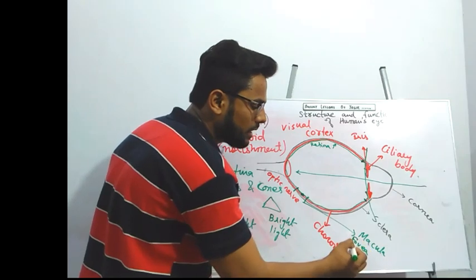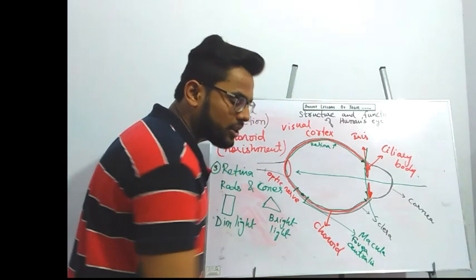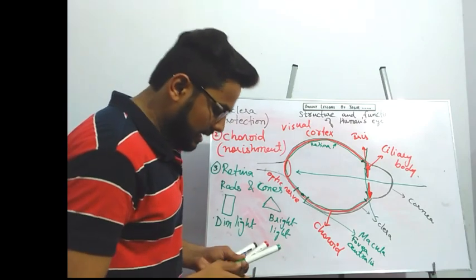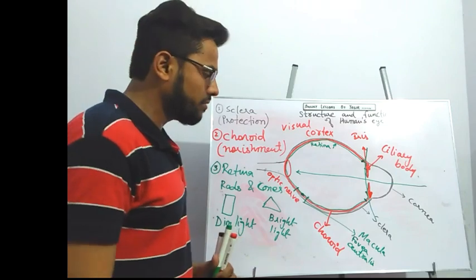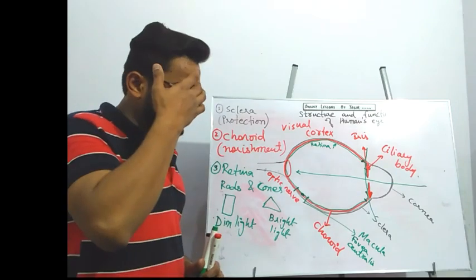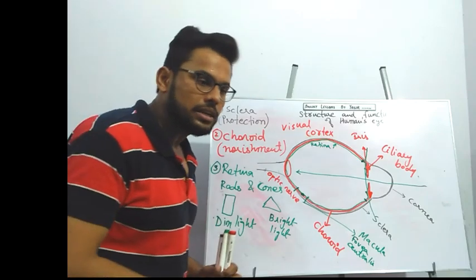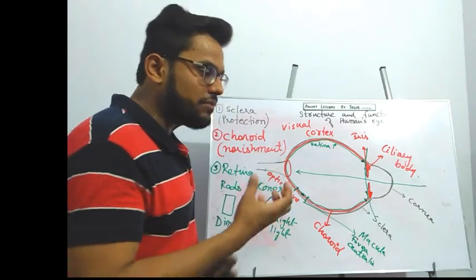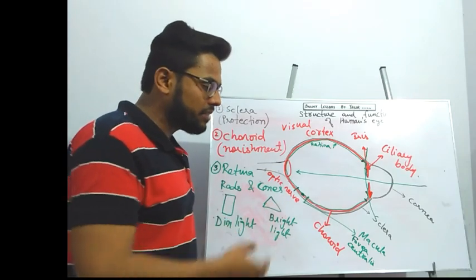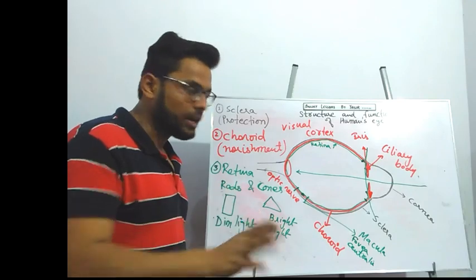fovea centralis. Actually, the macula and fovea have a high concentration of cones, and they are associated with color vision. They are associated with when we check something in detail, when we read very small fonts, when we go into the detail of an image.